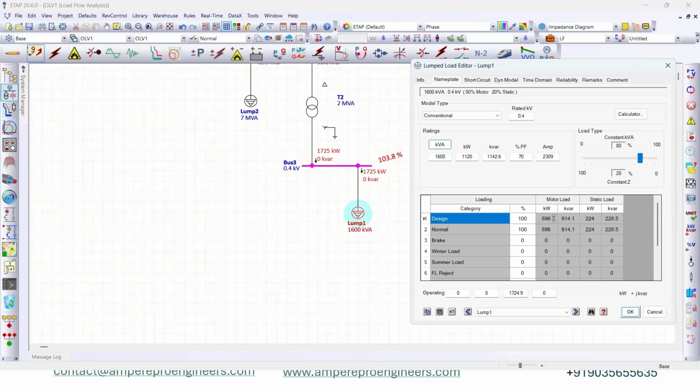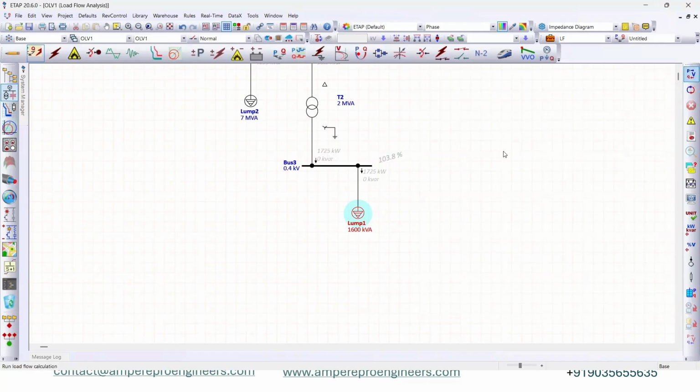So from the induction motor, you are getting 914.1. From the other static loads, we are getting 228.5 together. So now you will draw active power like 1139 kW from the grid, which means this reactive power is drawn from the grid by these loads because of this power factor.